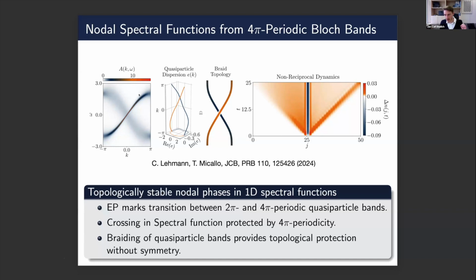Well, I've motivated exceptional points as complex degeneracies or degeneracies in the complex spectrum of a non-Hermitian matrix. And then I would need 2 parameters to arrive at such a degeneracy. But the point is, of course, that if I have a complex spectrum, let's say in this plot here, you have a real and imaginary part of a 2-banded system as a function of momentum here in the vertical direction. And then what I would see in a spectral function is, of course, a projection of this onto the real frequency axis, right?